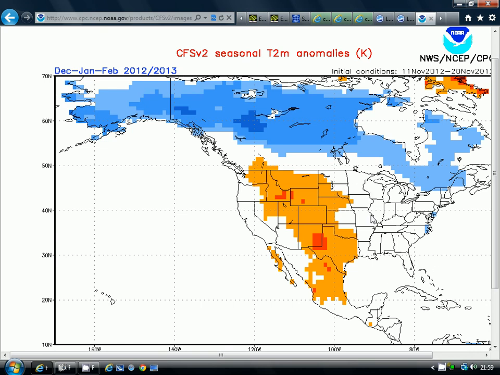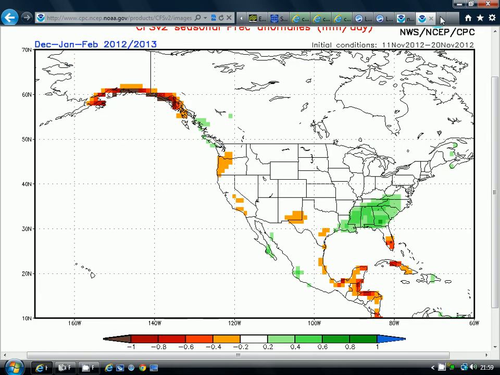This anomaly is not particularly strong for much of the central and east part of the nation. For these western areas, as I say, away from the Pacific, it is a stronger signal to be warmer than average. And for precipitation, quite interesting here, above average precipitation being forecast in the southeast. The rest of the nation forecast to have quite average sort of precipitation, really.